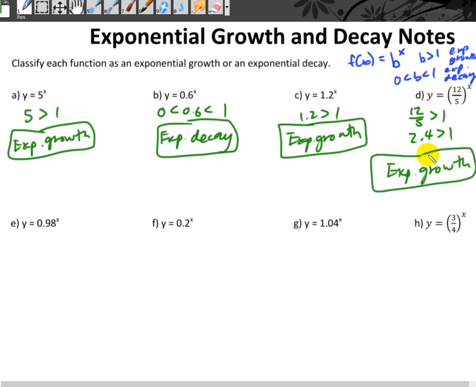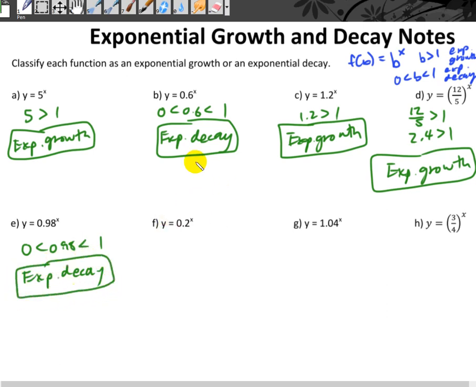Okay. This one, 0.98. 0.98 is between 0 and 1. So if I were to write that, this represents exponential decay.